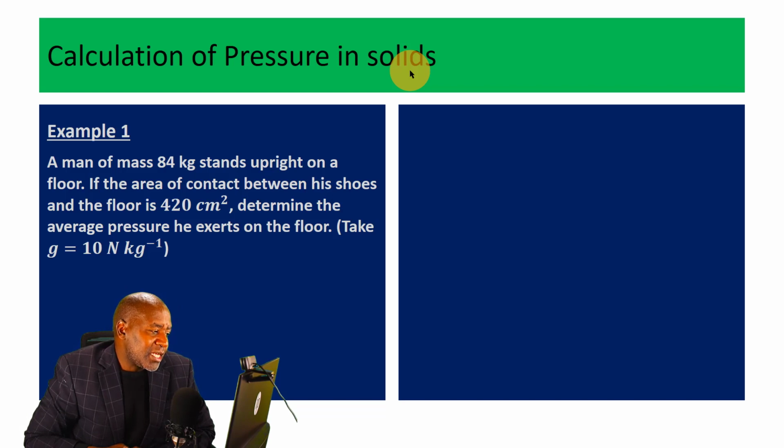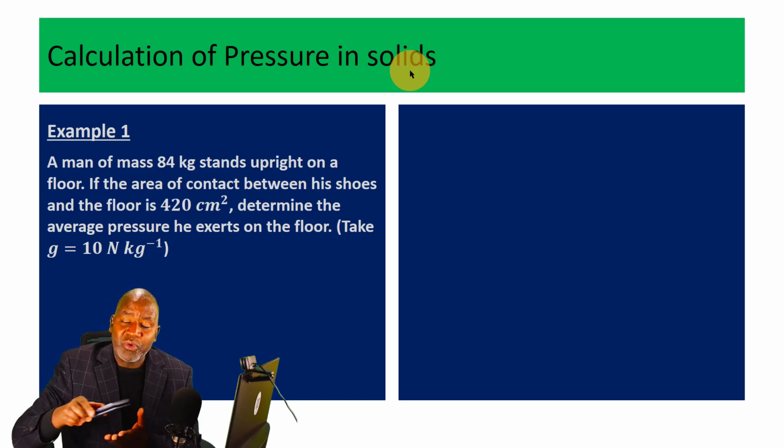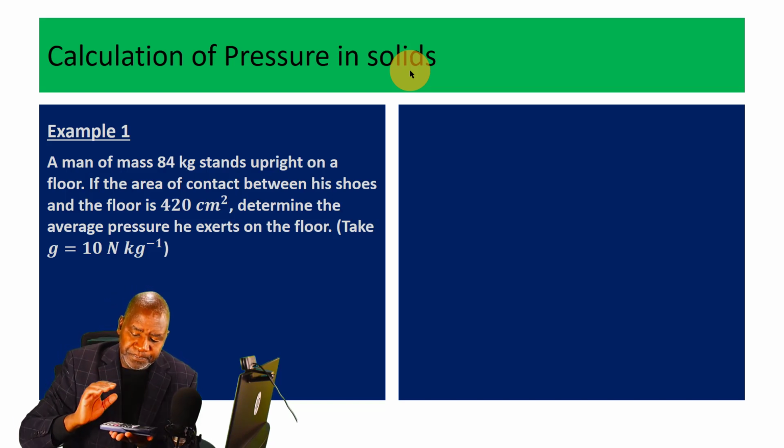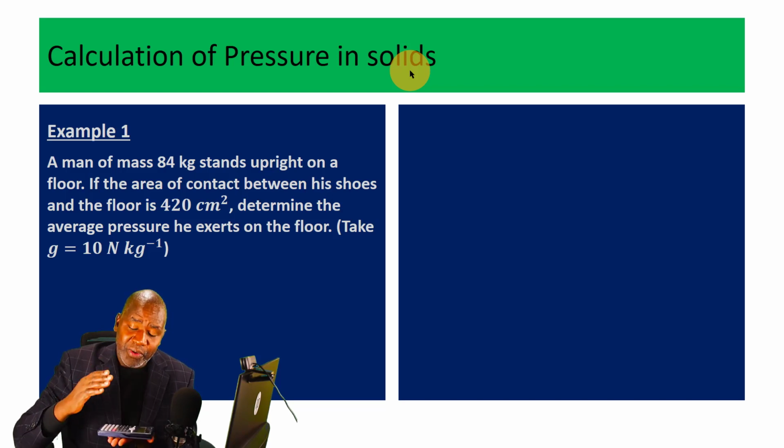So let's go straight to this particular question, where we are told a man of mass 84 kilograms stands upright on a floor. If the area of contact between his shoes and the floor is 420 centimeters squared, determine the average pressure he exerts on the floor. This one is similar to the example that I was giving, the one of a calculator resting on my hand like that.